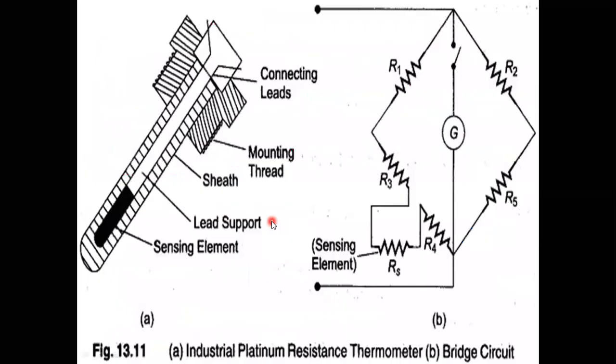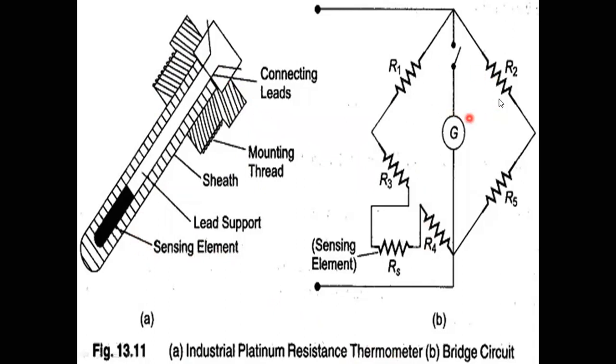Here, this is the figure. This is the resistive thermometer. This is the sensing element, lead support, sheet, mounting thread, and two connecting leads. This is the industrial platinum resistance thermometer, and it is going to be placed in this Wheatstone bridge.